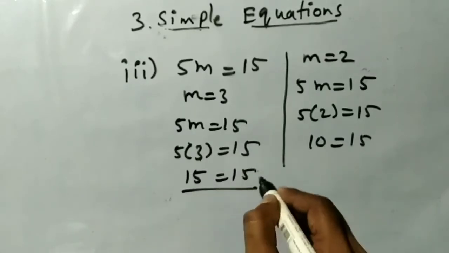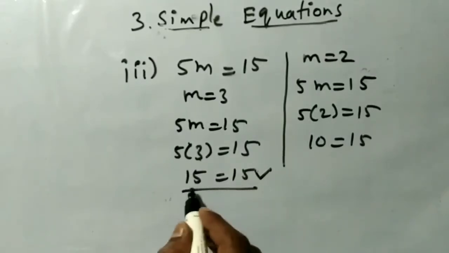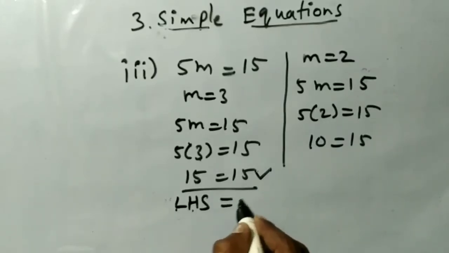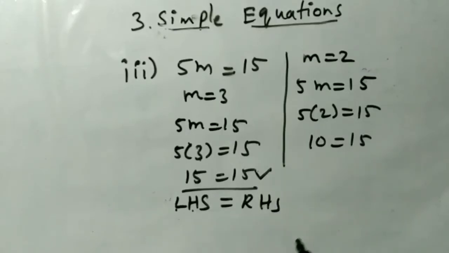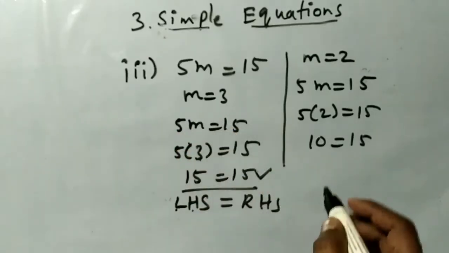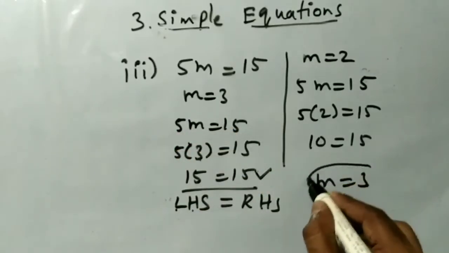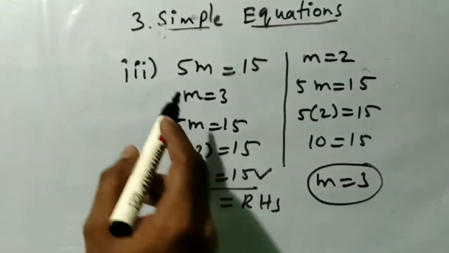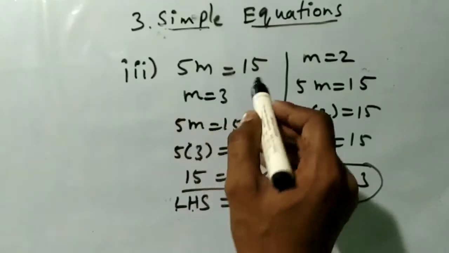So we have equated two values, 15 is equal to 15. LHS, left hand side, is equal to right hand side. So m is equal to 3 is the correct answer, because if m is equal to 3, we get the value 15.